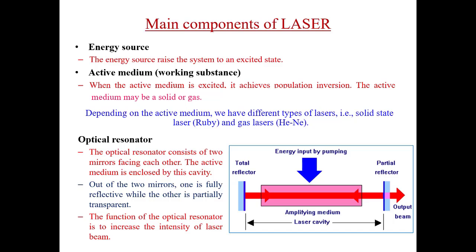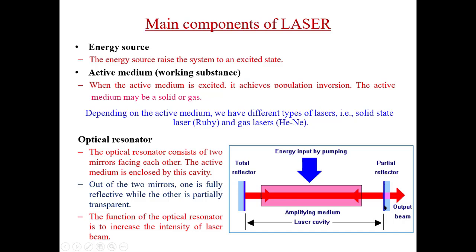The third component of a laser is optical resonator. The optical resonator consists of two mirrors facing each other and exactly parallel to each other. The active material is enclosed by these optical resonators. Out of these two mirrors, one is fully reflective while the other is partially transparent. This is the active medium.